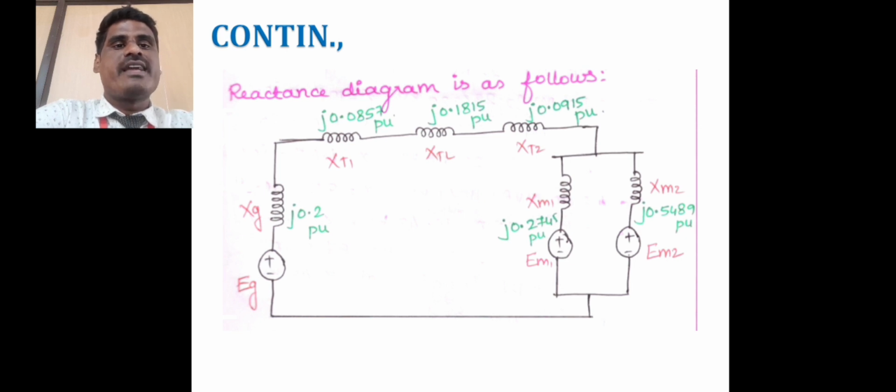Afterwards, we can draw the reactance diagram and mention the calculated values in it. So, this is the procedure for drawing the reactance diagram in the power system network.